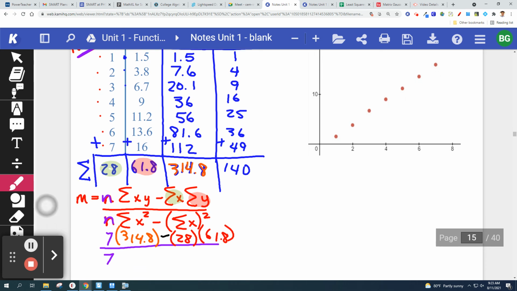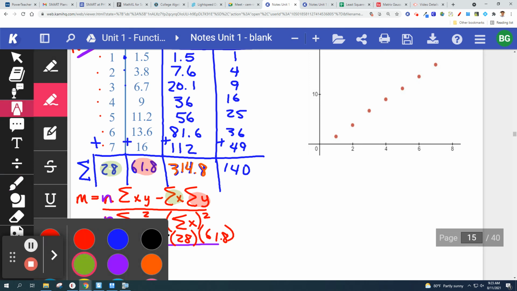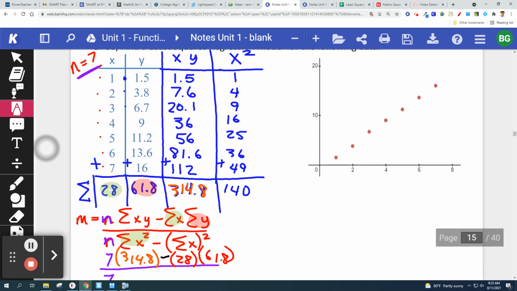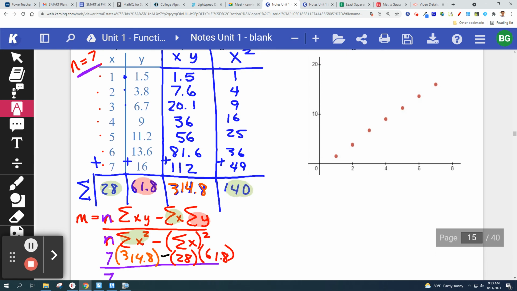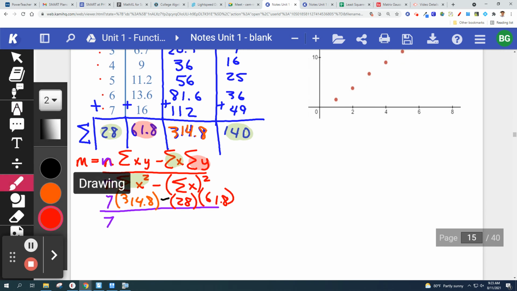Okay, what else do we have here? You look at the bottom part of the formula. Sigma x squared. So where was x squared? Sigma x squared is right there, 140. The sum of the x squared column was 140 minus. And then this one's kind of weird because it looks like it's the same thing, but it's not because of the parentheses.